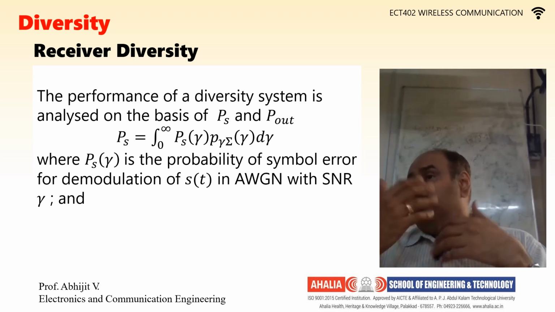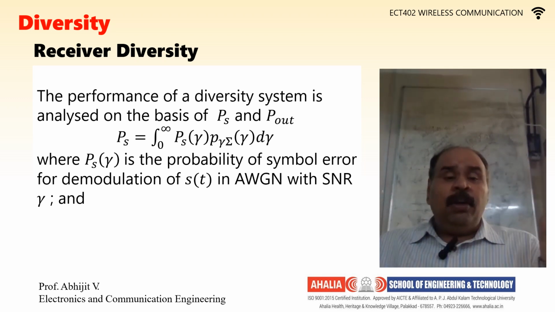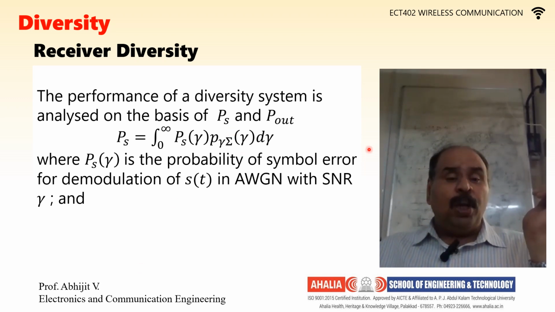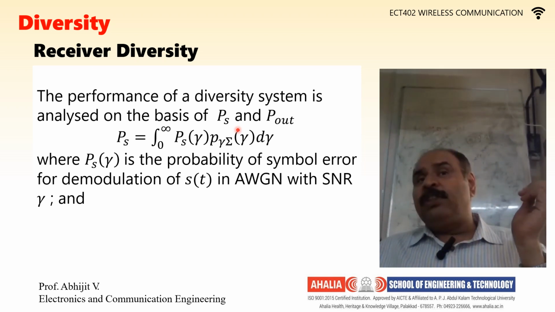We need a minimum threshold value. So now let us use these two terms: one is called PS and the other one is P out, to measure the performance of the diversity system.